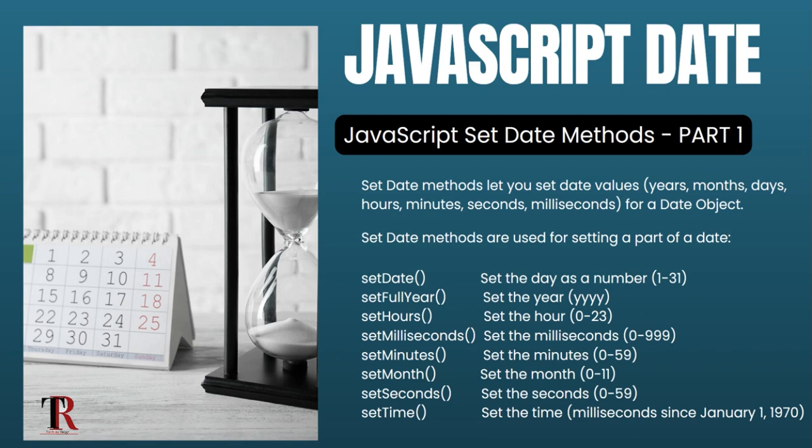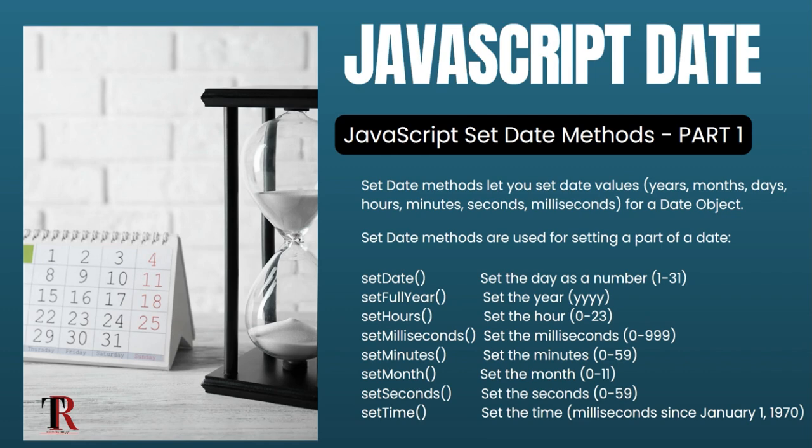If you are trying to set hours, you can use the setHours method. If you are trying to set milliseconds, you can use setMilliseconds. If you are trying to set minutes, you can use the setMinutes method. If you are trying to set the month as part of your date values, you can use setMonth. If you are trying to set values for seconds, you can use the setSeconds method.